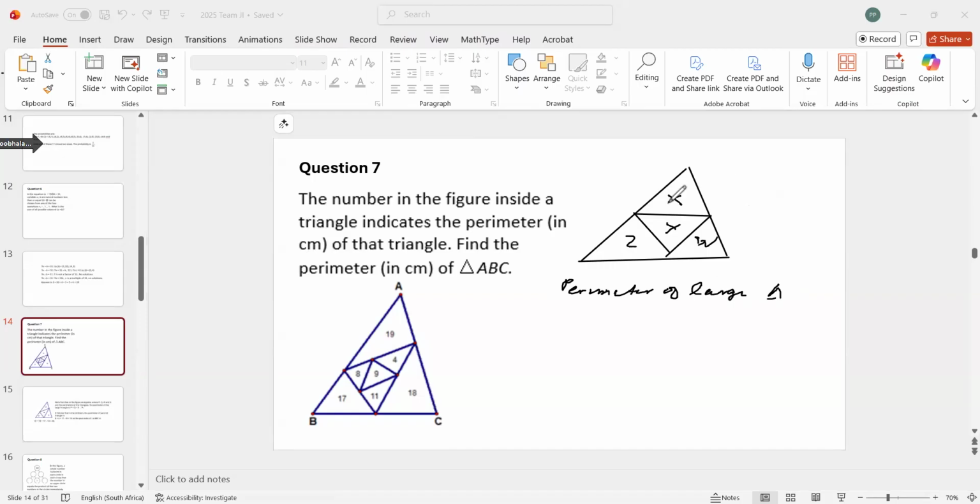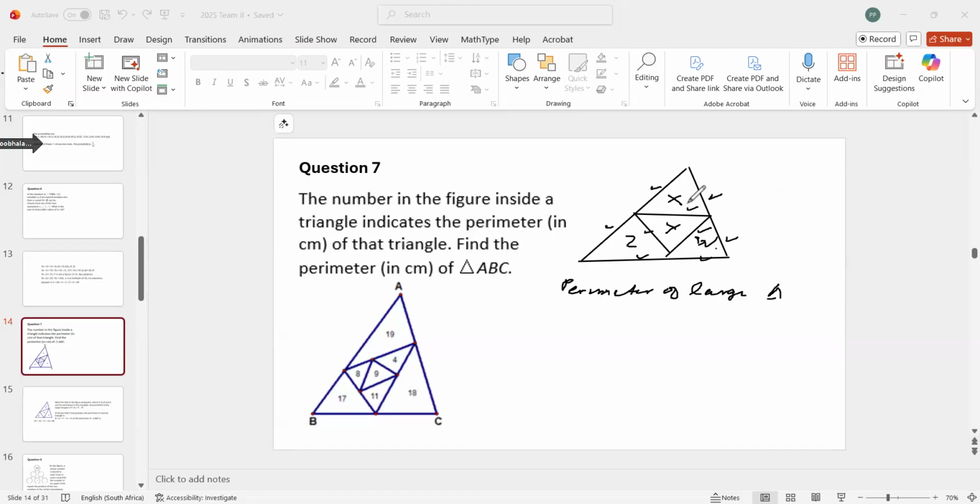Now watch, suppose I take the perimeter of this. I'm going to add that, that, and that. And the perimeter of this is that, that, that, and likewise, the perimeter of W is that, that, and that. Now we want only the outside, right?